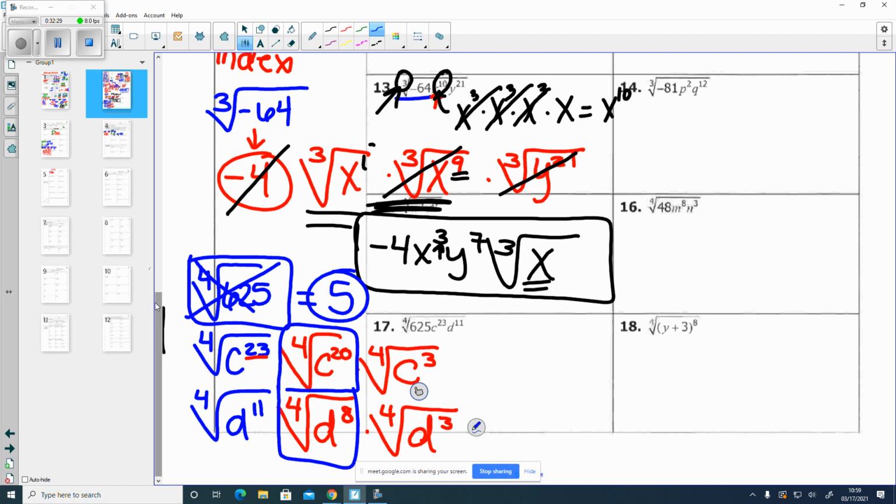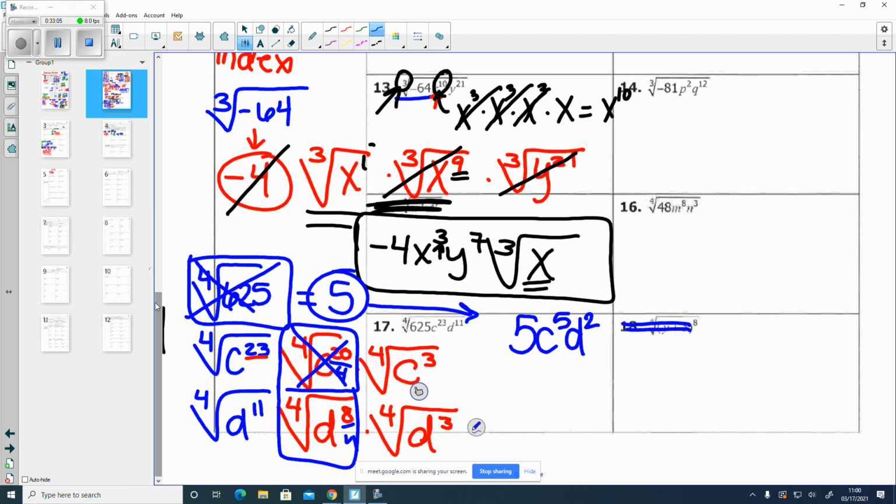Remember the shortcut here is to just do 20 divided by the index. So 20 divided by 4 is what? 5. So we're going to have this 5, and then c to the 5th, and now 8 divided by 4 is 2. So we have d squared.